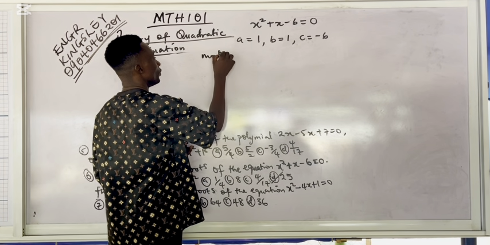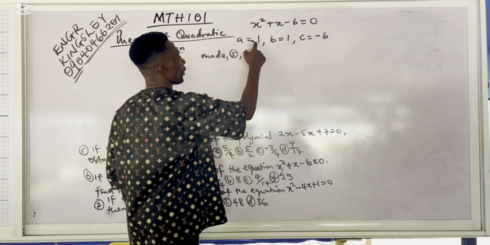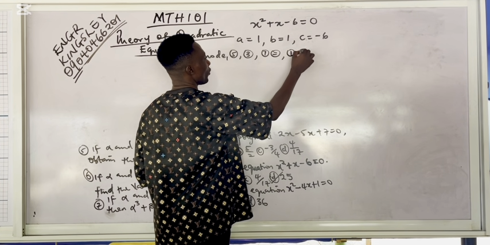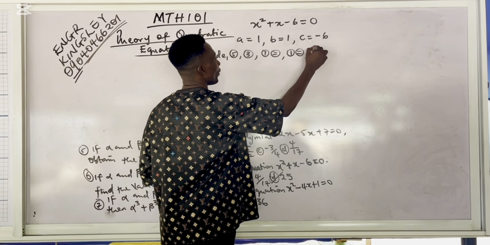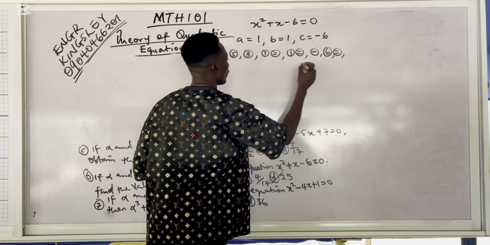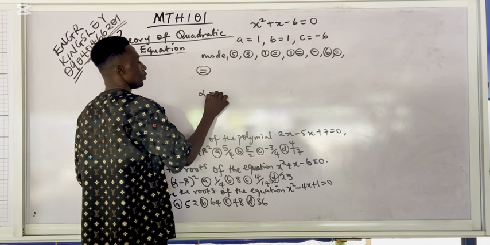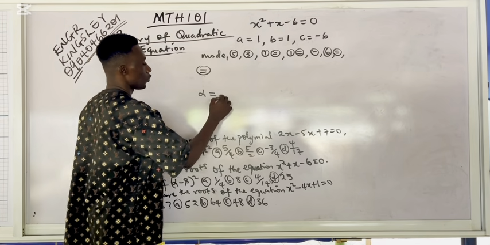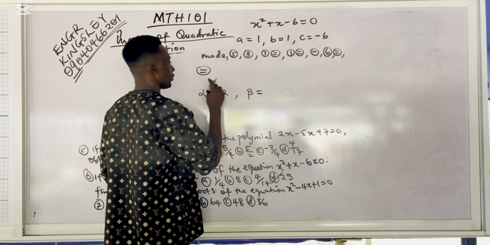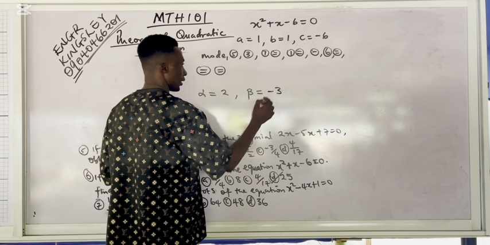Press mode 5-3, you press 1 equal to, press minus 6 equal to, then you press the final equal to get the value of your alpha, which is 2, and you press another equal to get the value of beta, which is minus 3.